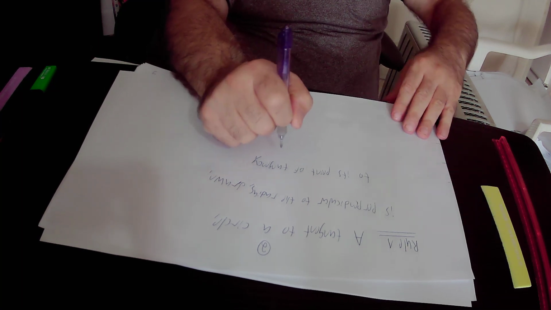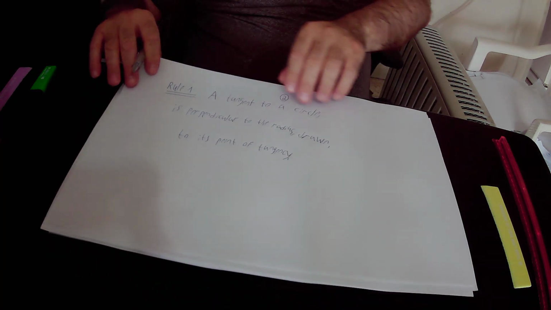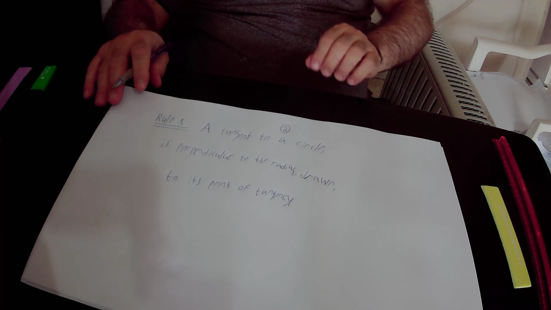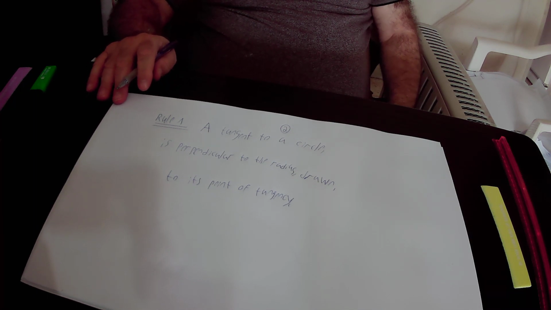So I'll repeat rule number 1 again. According to rule number 1, a tangent to a circle is perpendicular to the radius drawn to its point of tangency.